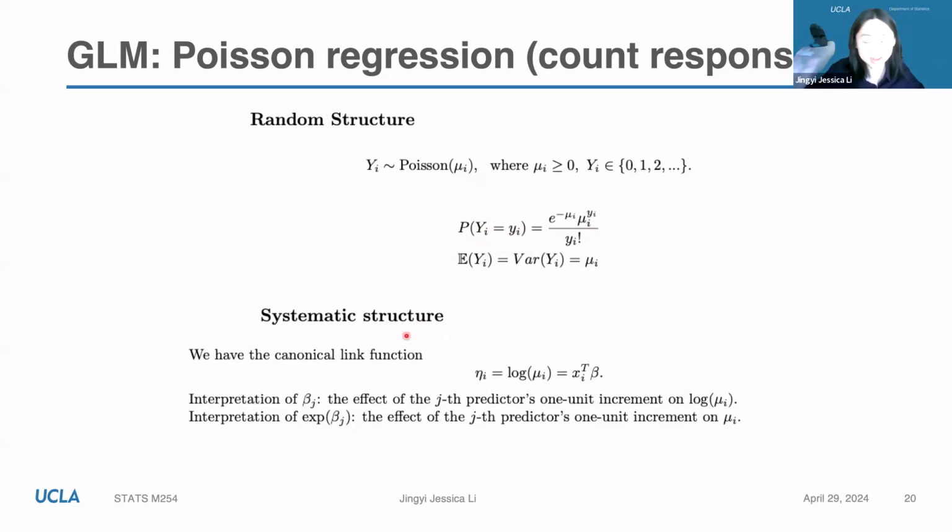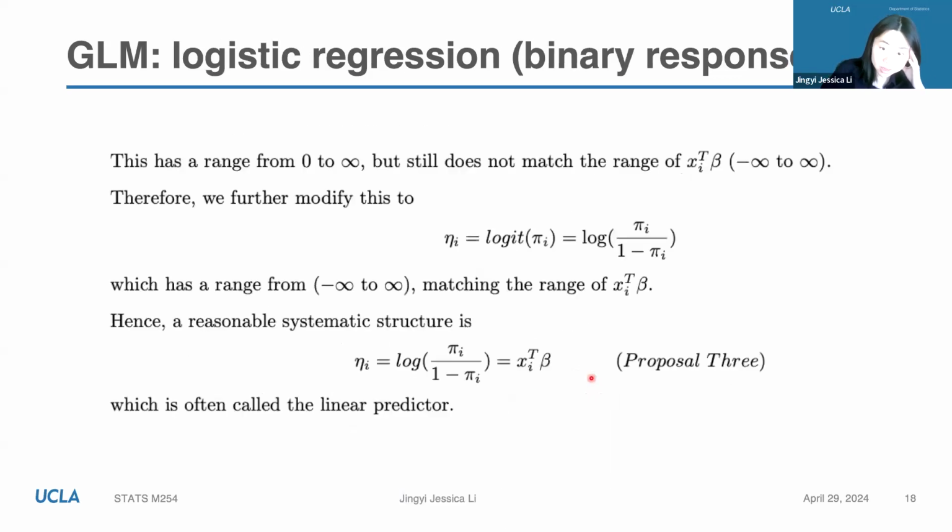The systematic structure again tries to link the mean of yi, mu i, to the predictors. Previously we have this logit pi i, where pi i is the mean. You can write it as mu i as well if you stick with mu i being the mean of yi.